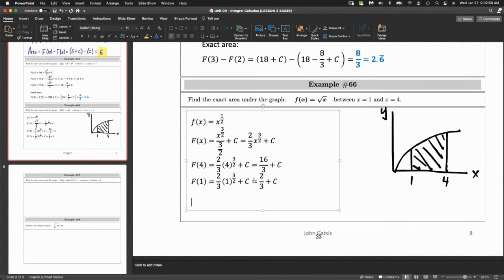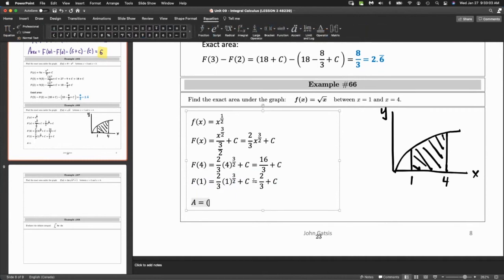And then we can say that the area is equal to the antiderivative at 4 minus the antiderivative at 1, which is, plug in these things here. Notice that the c's cancel. So if you are a little bit lazy here, I don't want to use the word lazy in a bad way, but if you want to use the word lazy, that's fine.